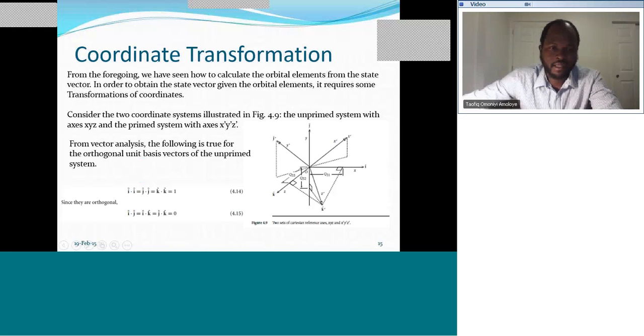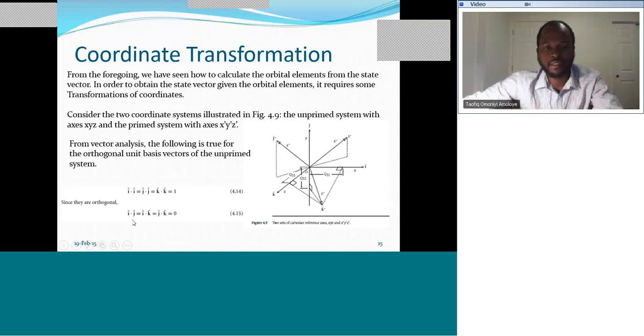And since they are also orthogonal, the dot product of a unit vector in one direction with another unit vector in another direction is just going to be equal to 0, because technically the dot product just computes the projection of one vector on the path of the other. But if they are orthogonal vectors, there is no way that one of them will have any component in the direction of the other.